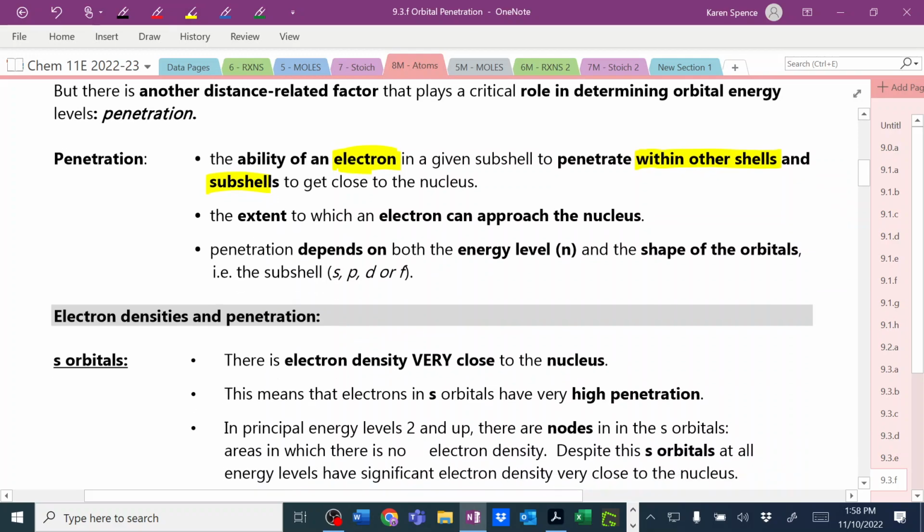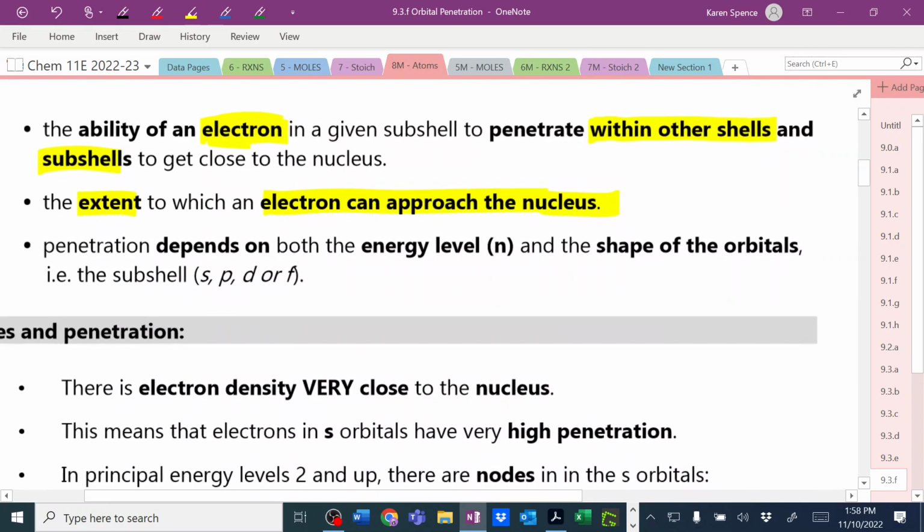It is the extent to which an electron can approach the nucleus. And it's going to depend upon two things. It's going to depend upon the level, the energy level, N, and it also depends upon the shape of the orbitals. We started talking about this last day, but we're going to look at some graphs with it today that'll hopefully make it a little clearer.